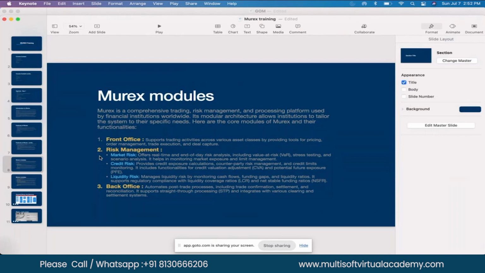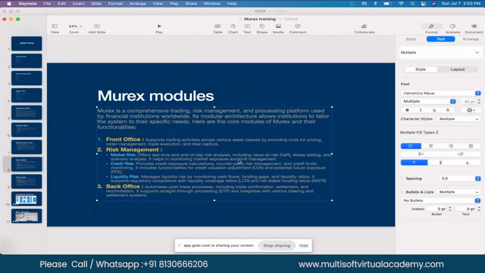All those exposure reports are also created and managed. Then there is one more module, which is limit management. Some banks use it as part of the credit risk side, and some use it as part of market risk, alongside the market risk module.